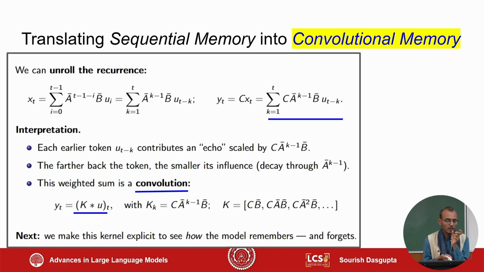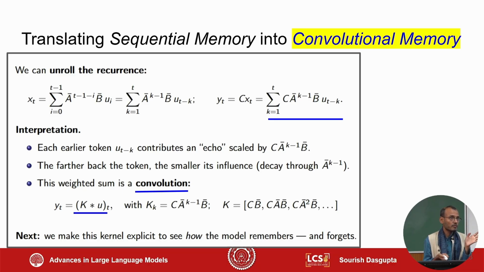Okay, so this is called the convolution memory, this entire summation, right? So this operation is called convolution.